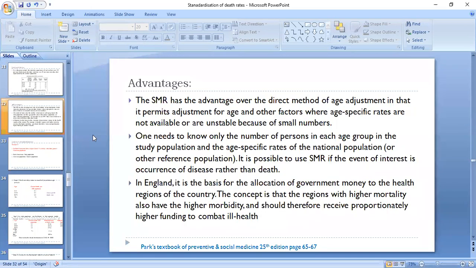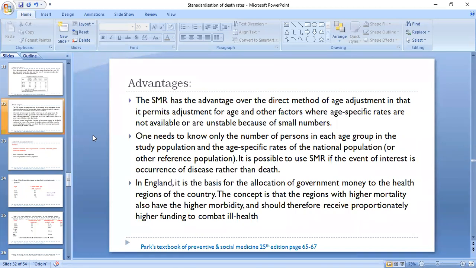Now, what are the advantages of the standardized mortality ratio? The SMR has the advantage over the direct method of age adjustment in that it permits adjustment for age and other factors where age specific rates are not available or are unstable because of small numbers. One needs to know only the number of persons in each age group in the study population and the age specific rates of the national population.